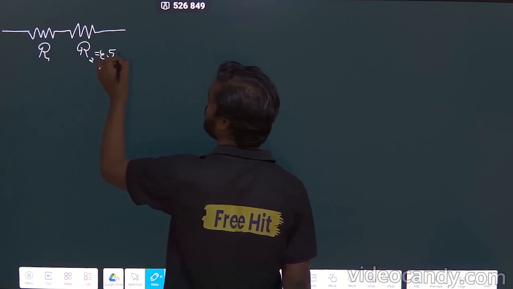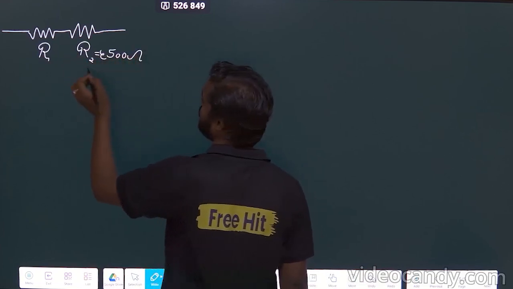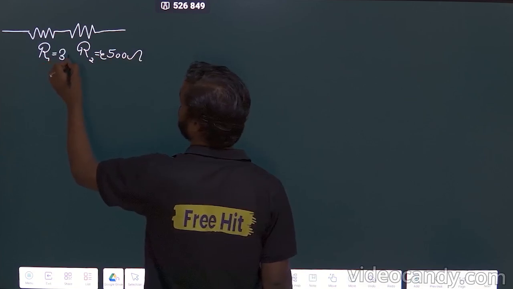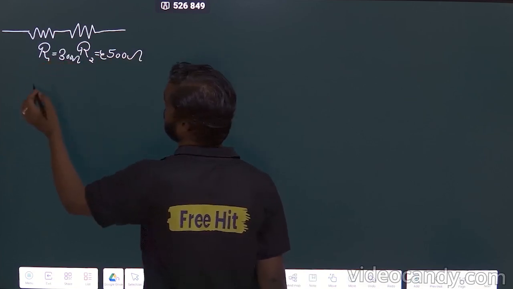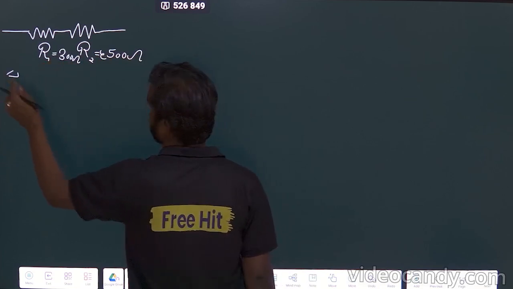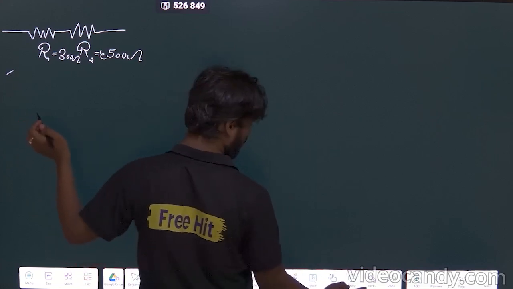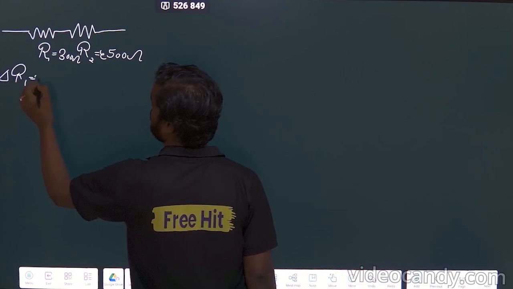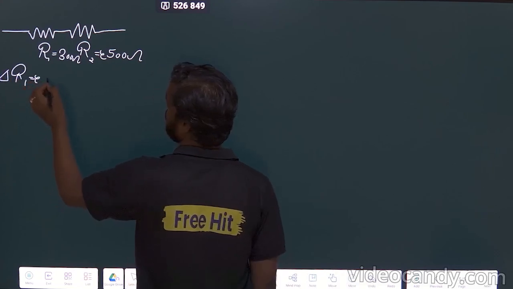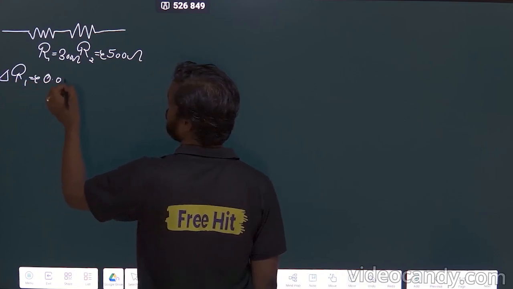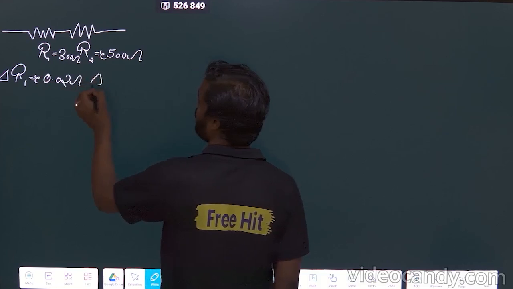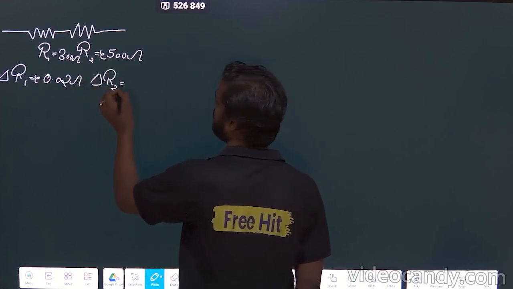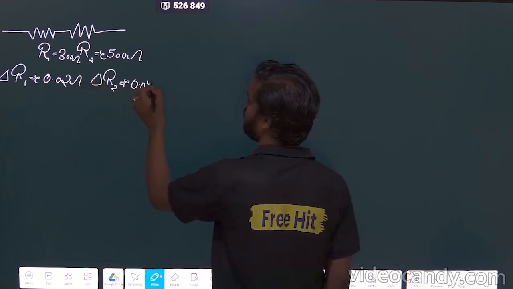Okay, this value is 500 ohms and this value is 300 ohms. Suppose my delta R1 is given as 0.02 ohms and my delta R2 will be given as 0.04 ohms.